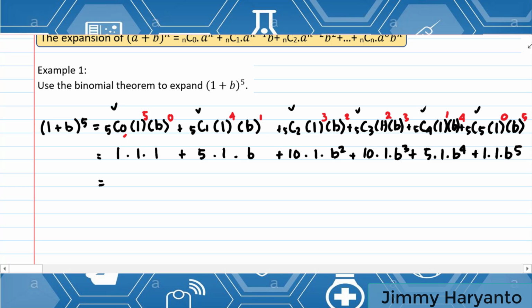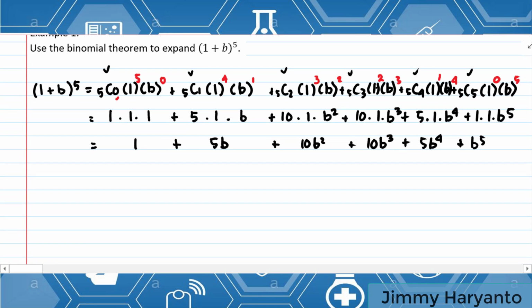So we have all of the terms: 5b, 10b squared, 10b cubed, 5b^4, and b^5. We have 6 terms which contain b, and 1 term that does not contain b.